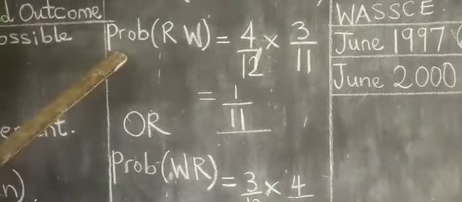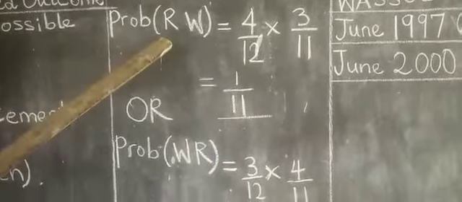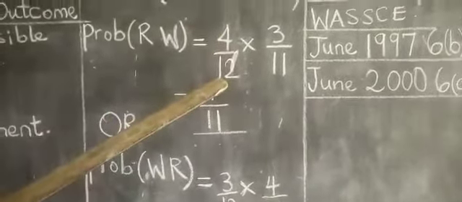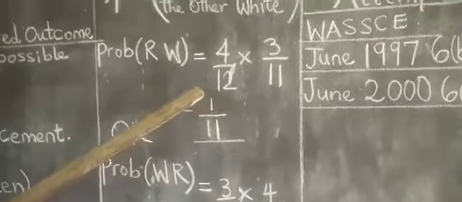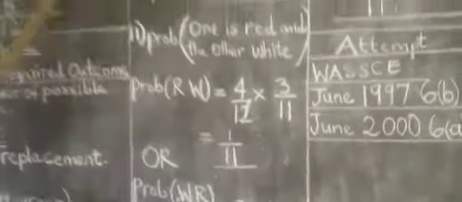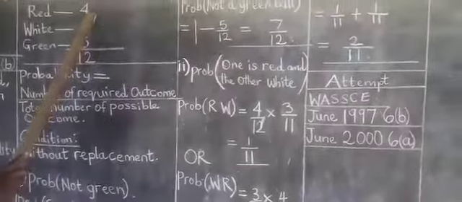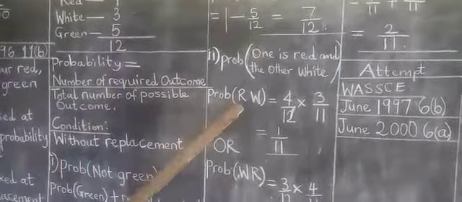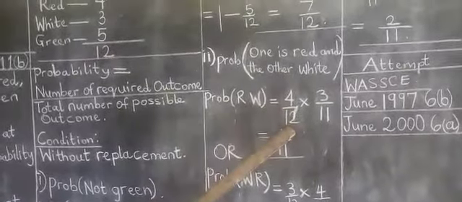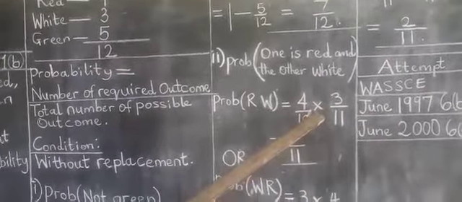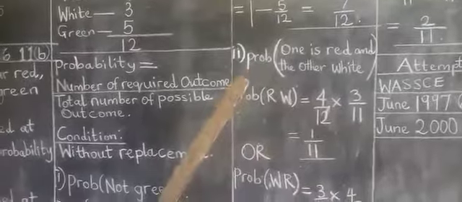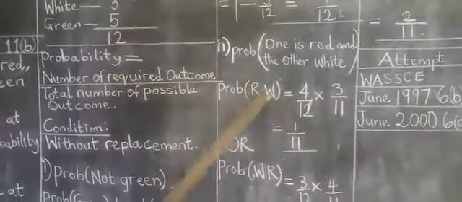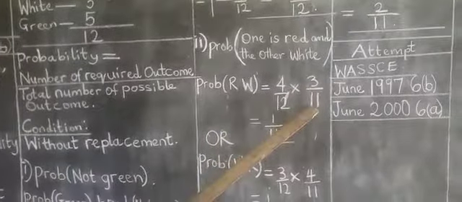So the first possibility, probability of red, white. That means 4 over 12, for we have 4 red balls there. So probability red, white is 4 over 12 times the probability of white. We have 3 white there, so the probability of white is 3 over 11.